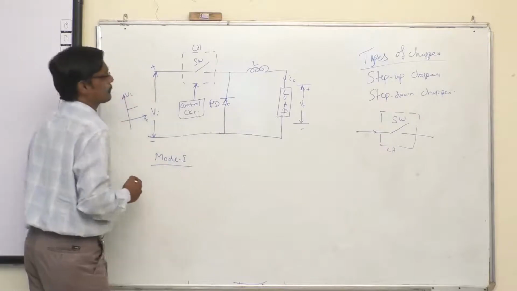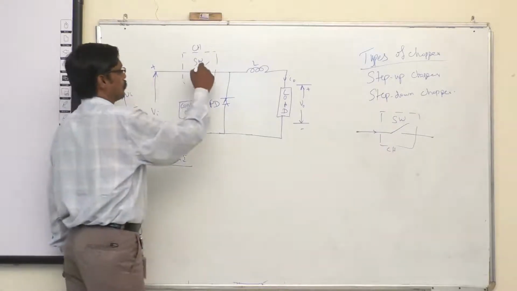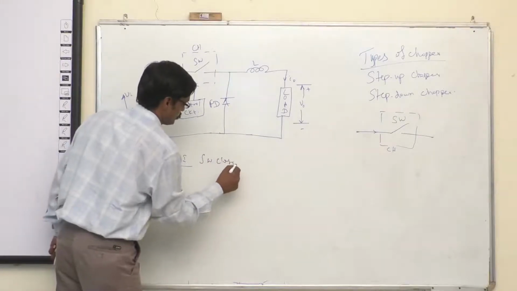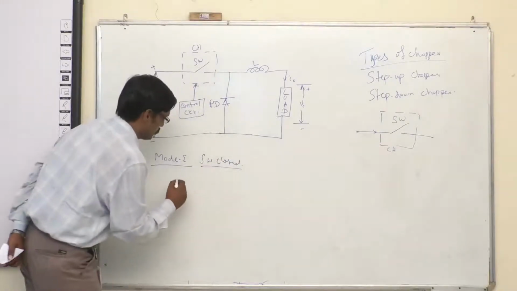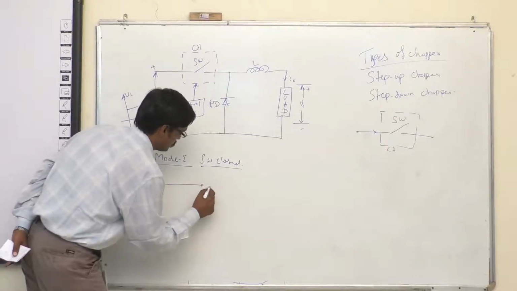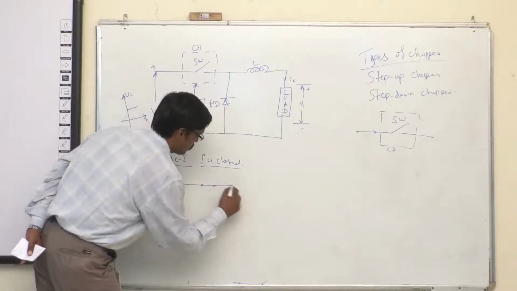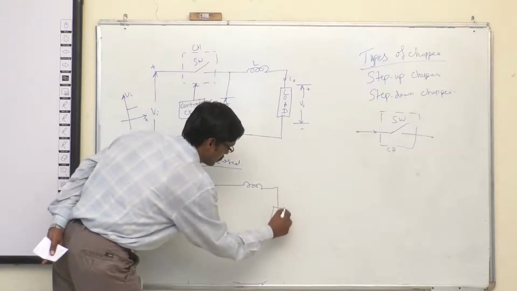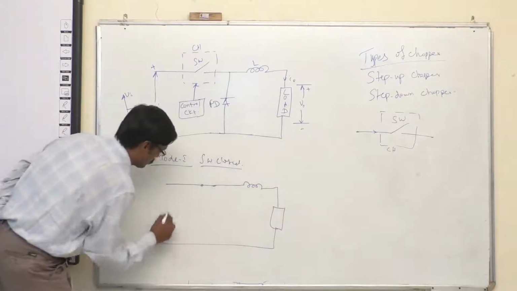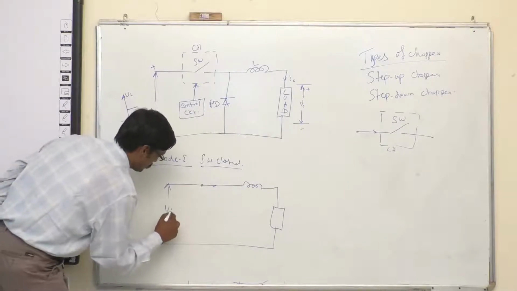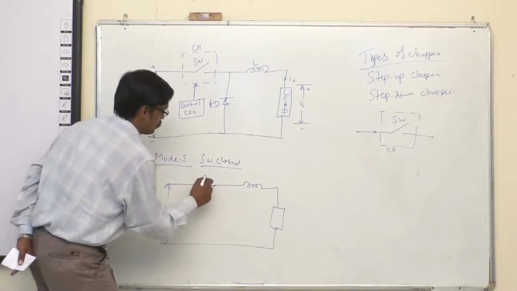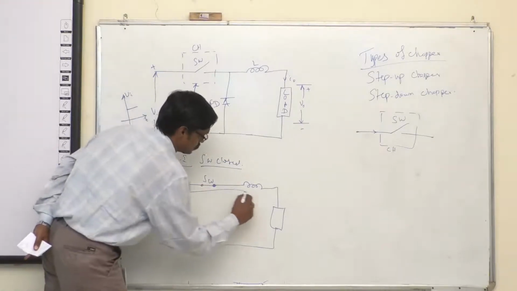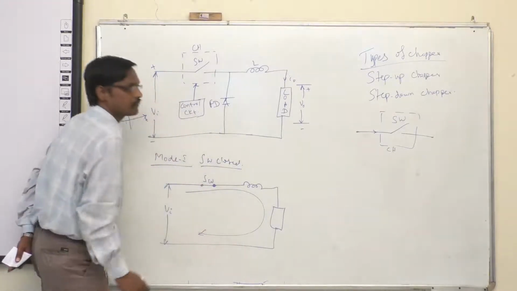Now the operation of this circuit is divided into two modes. First mode, when the chopper switch is closed, the circuit is closed, so the current will flow through this.